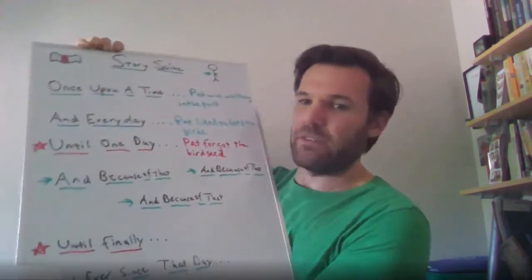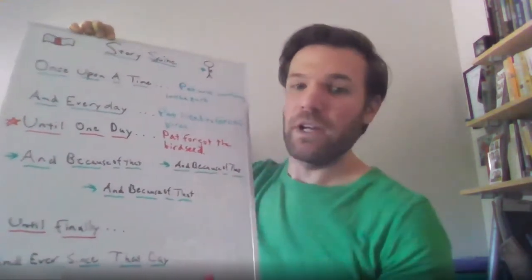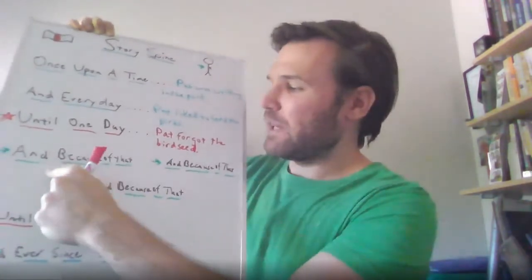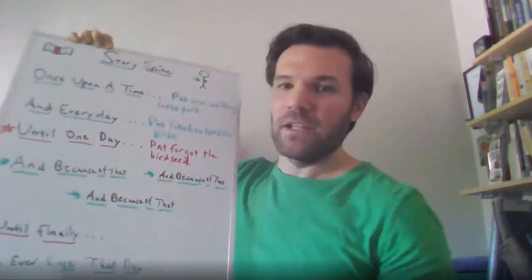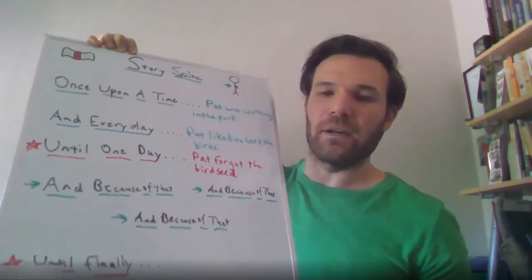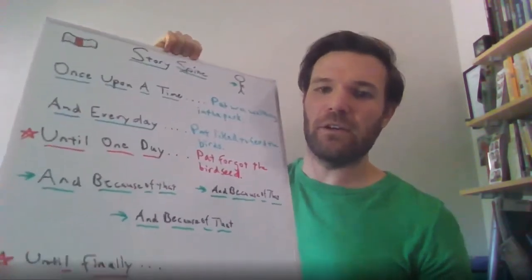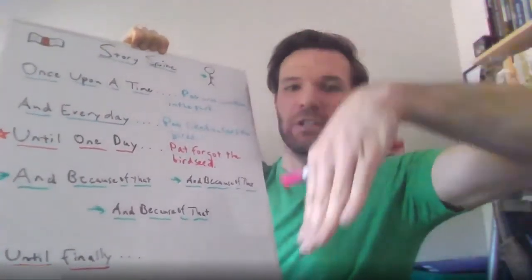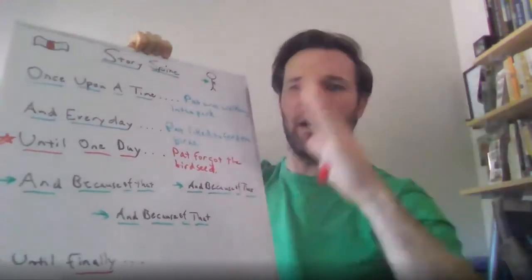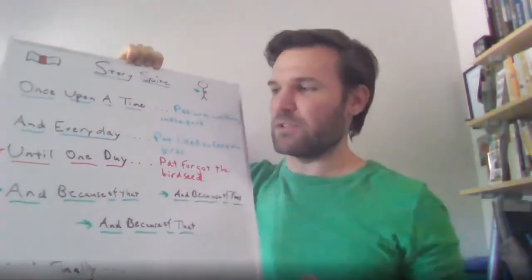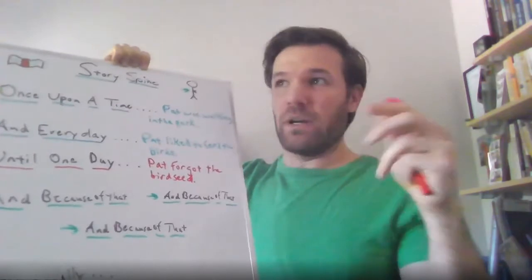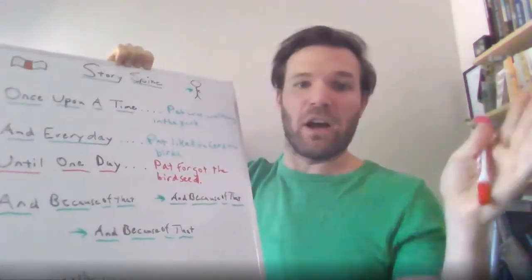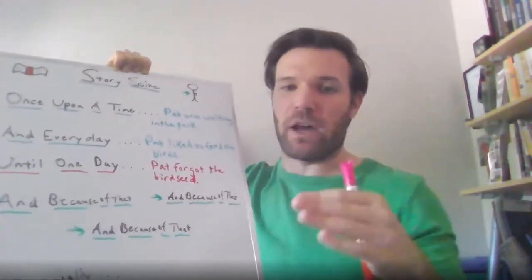And then we have the three parts, or more. It can be more or less. And because of that. This is either Pat going through a lot of downturns or upturns, ups and downs. This is the middle part of the story where one thing leads to another, and cause and effect happens throughout.